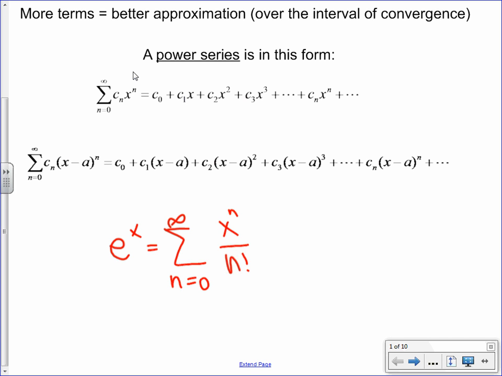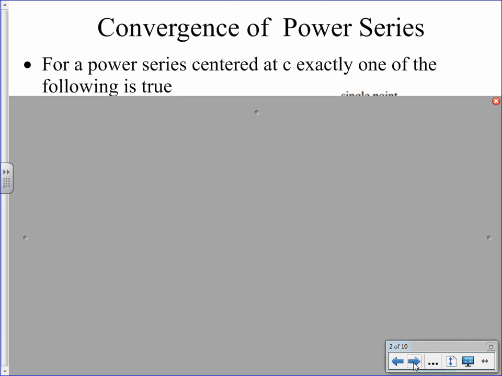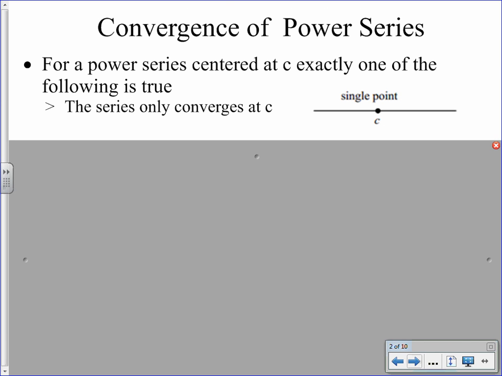Now, this interval of convergence. There are 3 things that can happen with a power series. First of all, they're going to converge. But there are only 3 different ways they can converge, which I think you saw in pictures yesterday. They can converge only at the center, C for center, so just converging at one point.